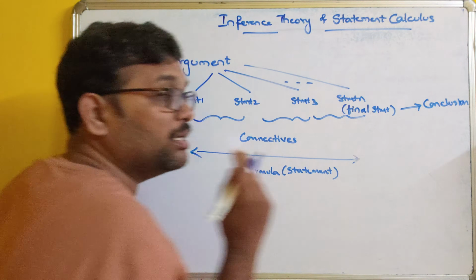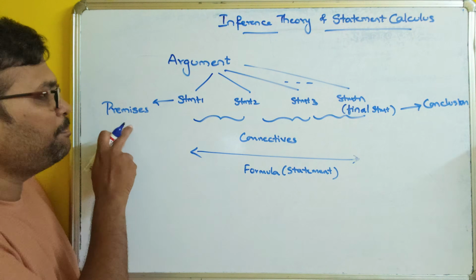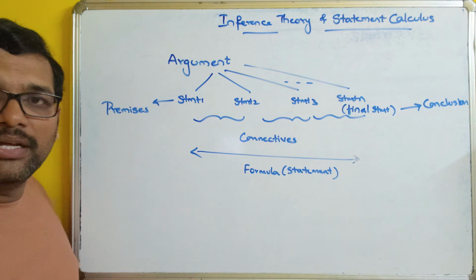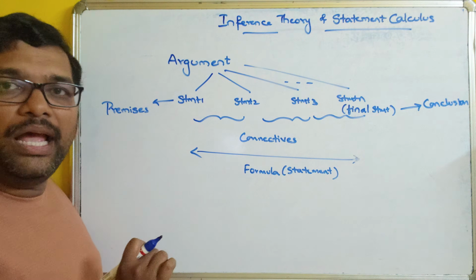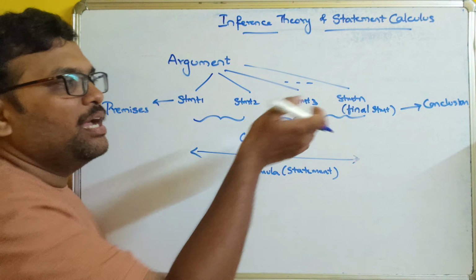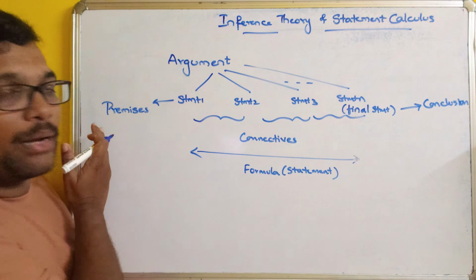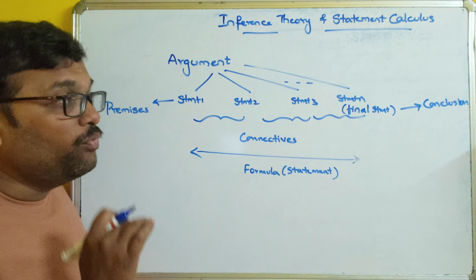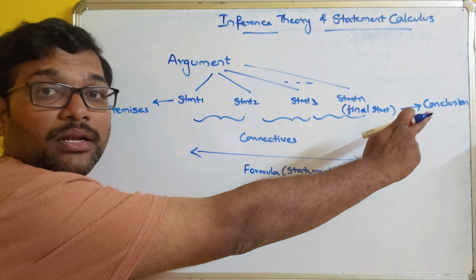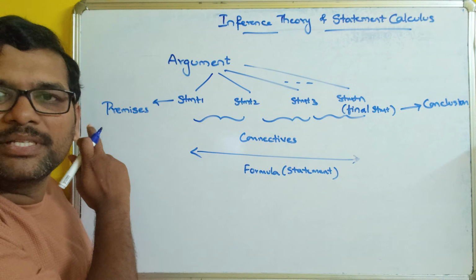So two additional terms we are learning, that is premises and conclusion. The conclusion is the last statement in the argument, and premises means, other than the conclusion, all the remaining statements. Now we have to derive the conclusion from all these premises.